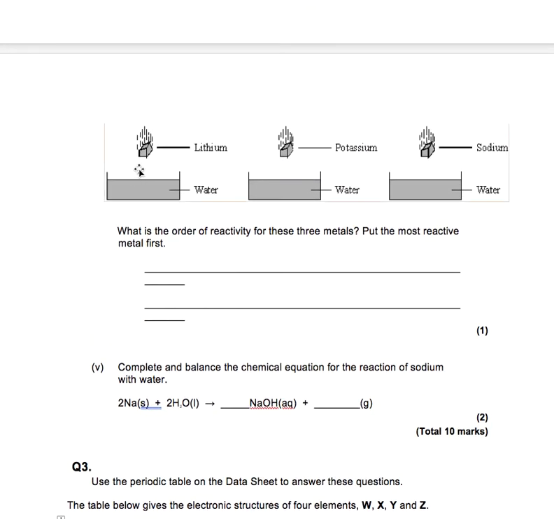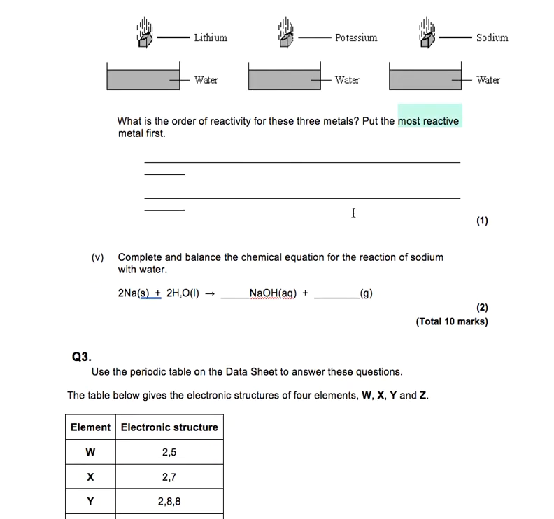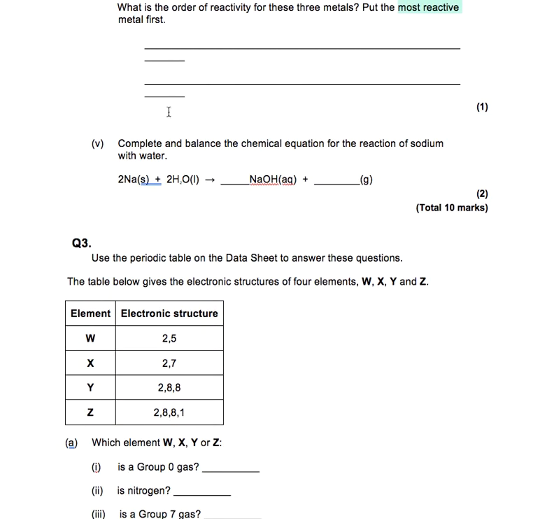So the order of reactivity, most reactive first, is potassium, then sodium, then lithium, because they want the most reactive first, don't they? Okay, I'm going to do more of this a little later on. So I'll use this as a good example for that.